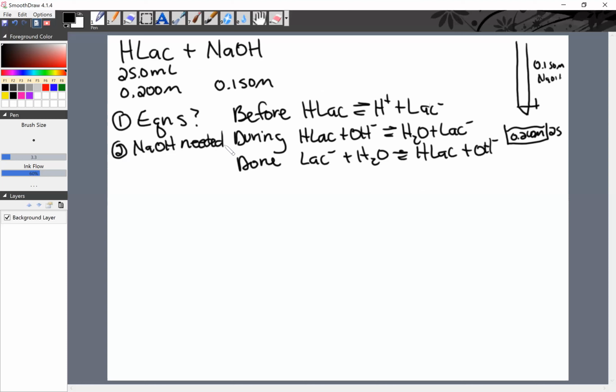Well, chemists don't compare volumes of things, we compare moles. So that begs the question, how much lactic acid do you have? Well, let's find out. Can't be in milliliters. And in this case, my molarity is 0.2.